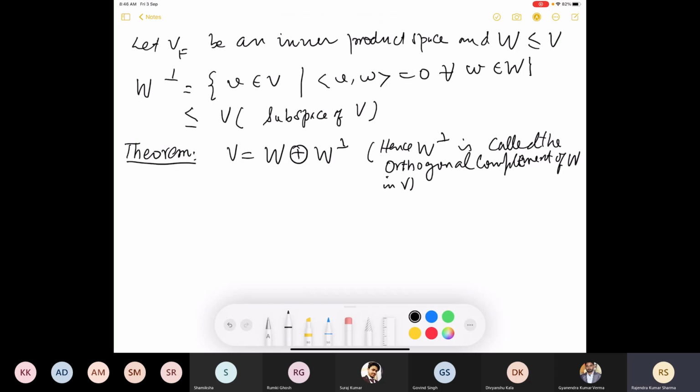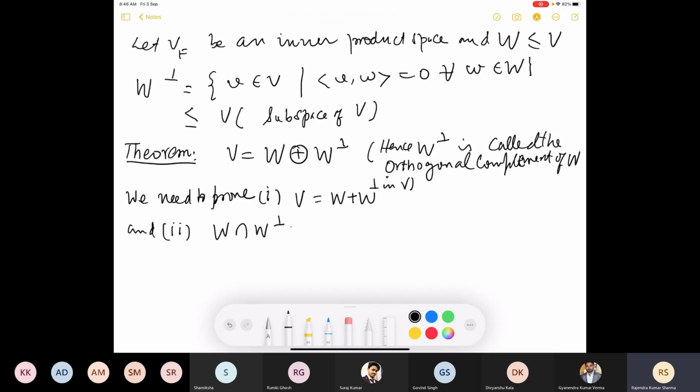Now for this, we need to prove two things: that this is the sum, and that the intersection is 0. This second one is rather straightforward.